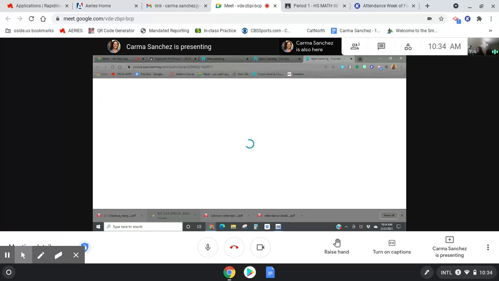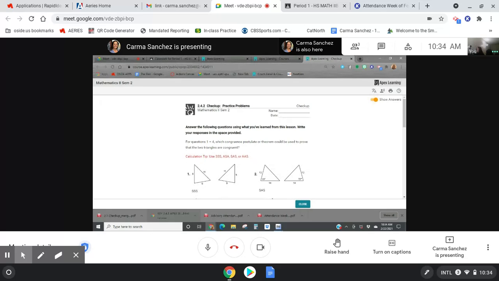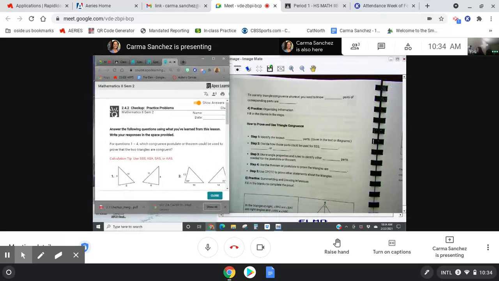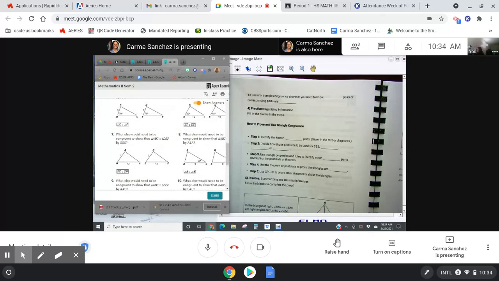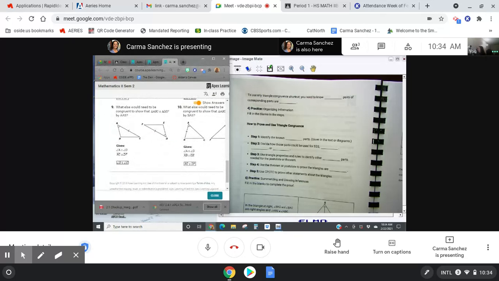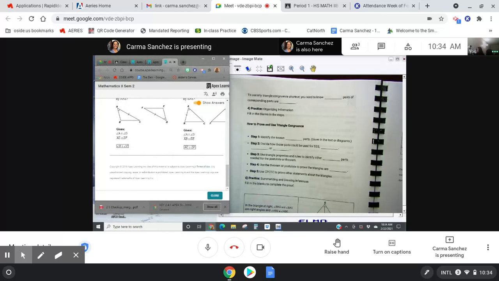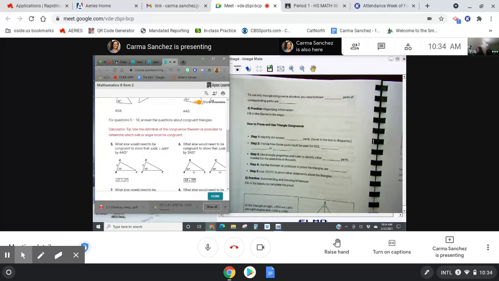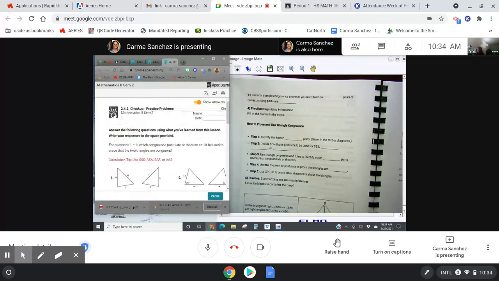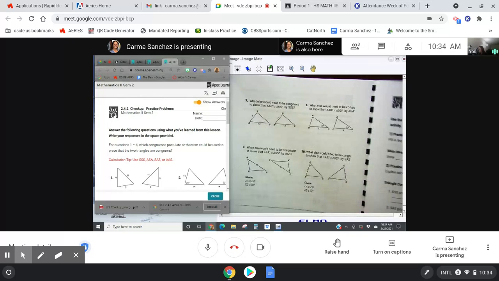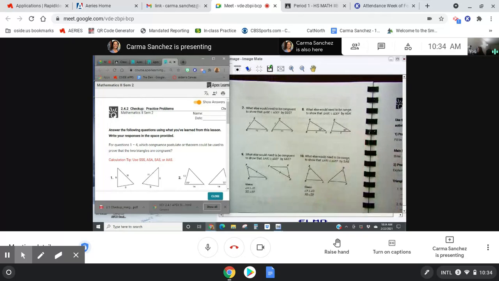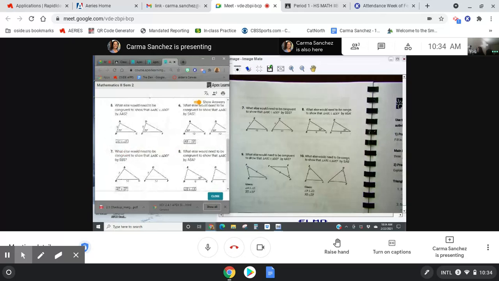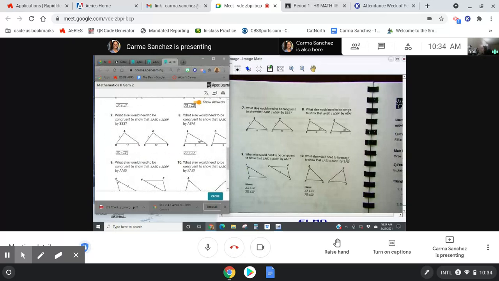Let's open up this answer key here too so you can see it. All right, so for number 7, what else would need to be congruent to say this is a side, side, side?